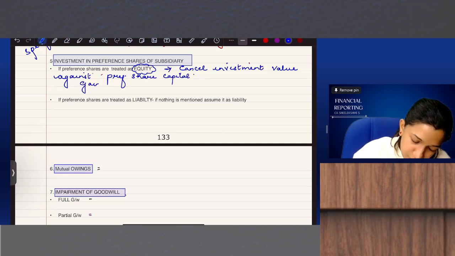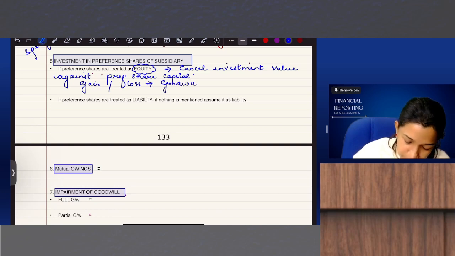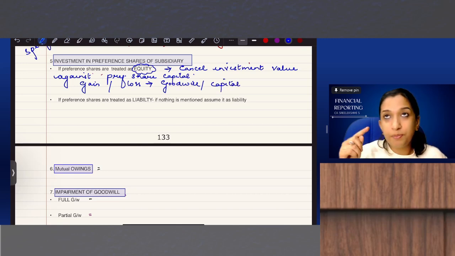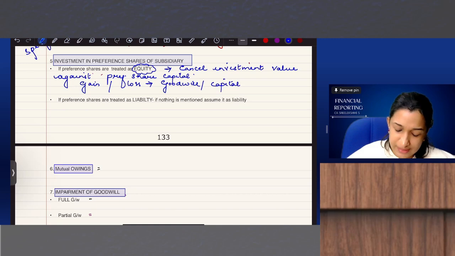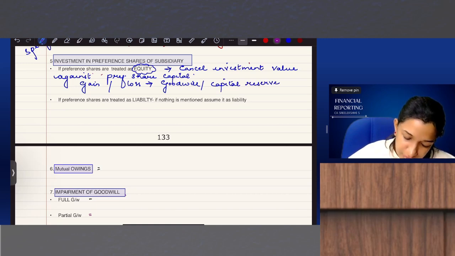Gain or loss is goodwill or capital reserve. Preference share capital to that extent will be cancelled, investment value will be cancelled, and gain or loss should be recognized as goodwill or capital reserve.